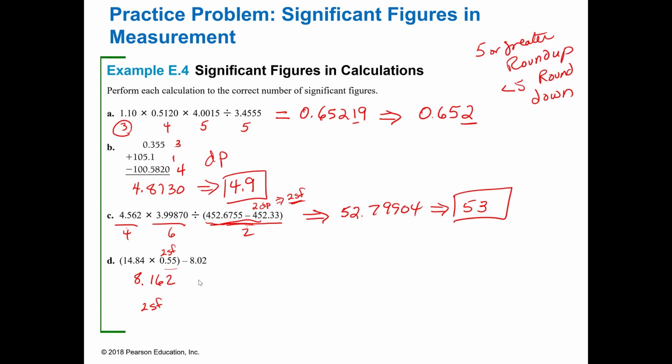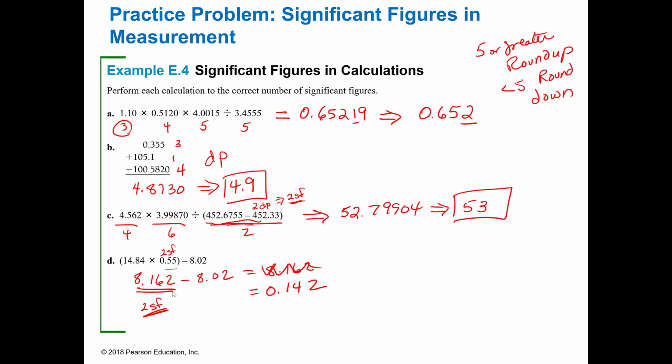So the 8.162 minus 8.02, I don't change that until the end, but I do have to remember that this one only had two significant figures from the product of the 14.84 times 0.55, and so I subtract those two and I get 0.142. All right, so I'm subtracting now.